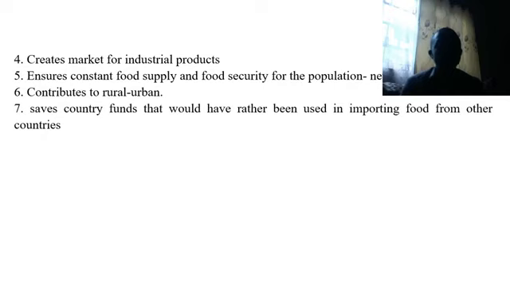So it will enable people to move from rural to urban areas. And we have number 7, it saves country funds that would rather have been used in importing food from other countries. So the money that was to be used by the country to bring food to the country because of deficit is much reduced by practicing good agriculture.